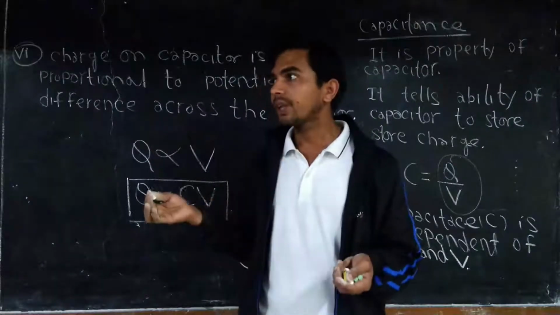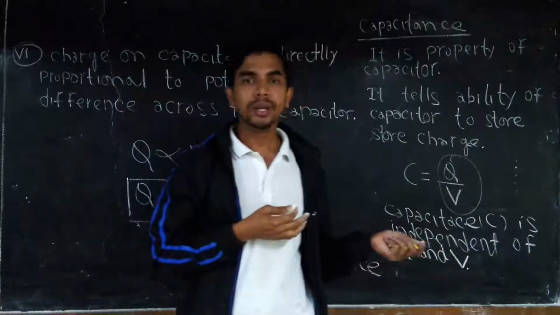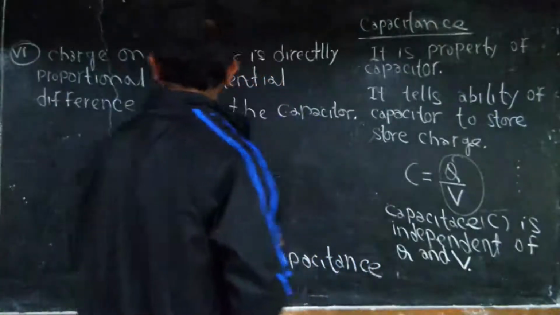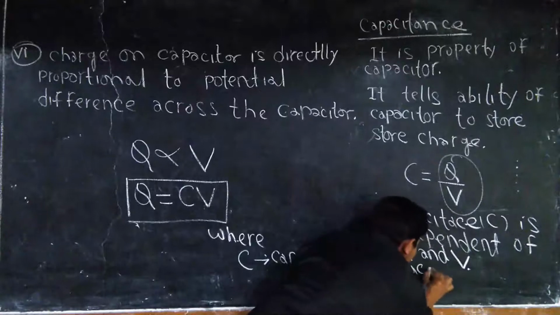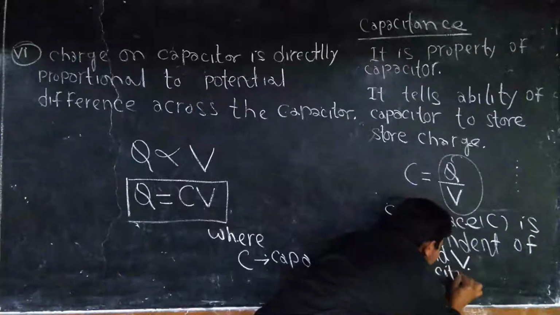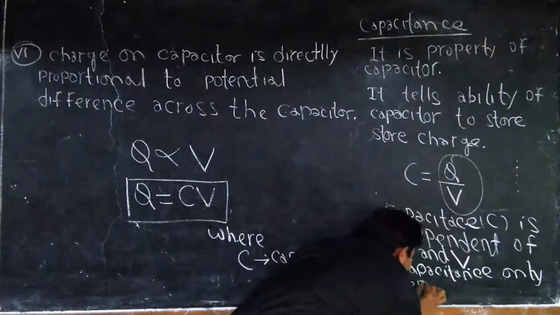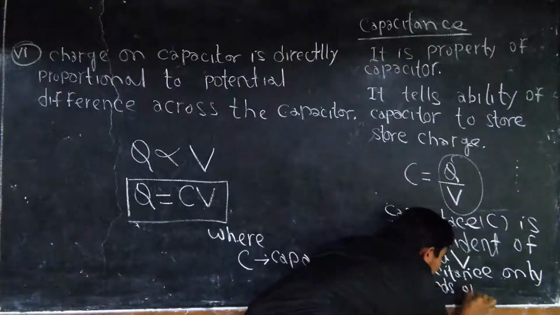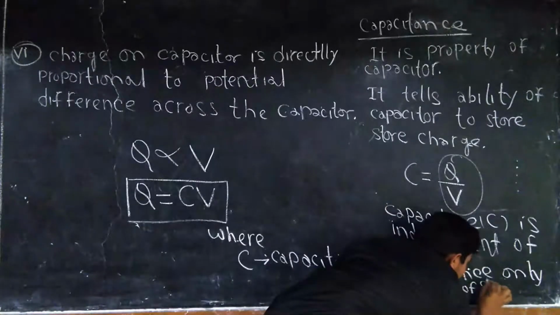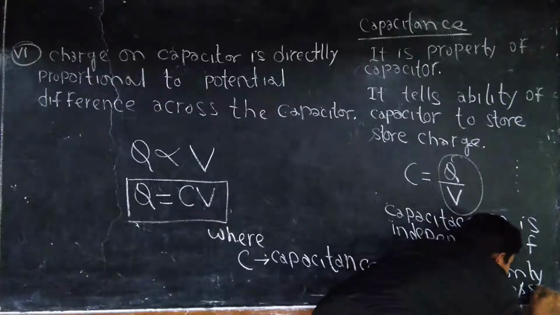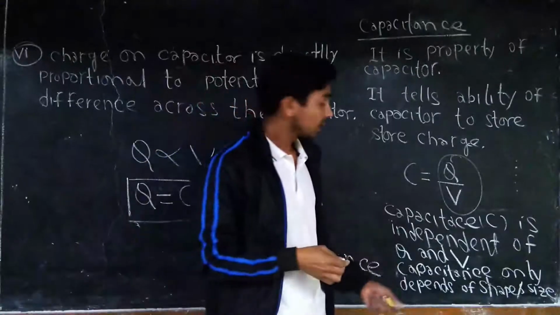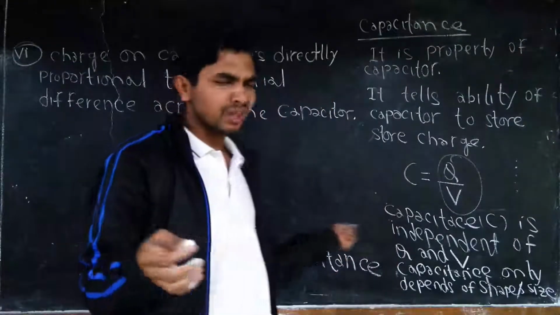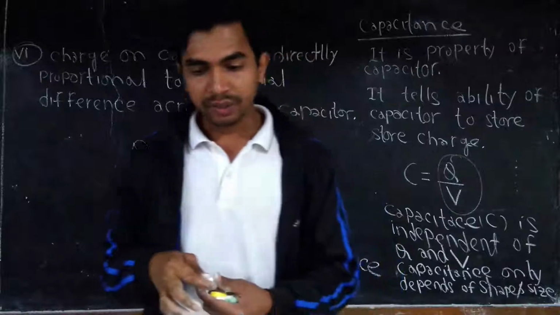If the shape and size are different, the capacitance will be different. So these are the basic things about the capacitor.